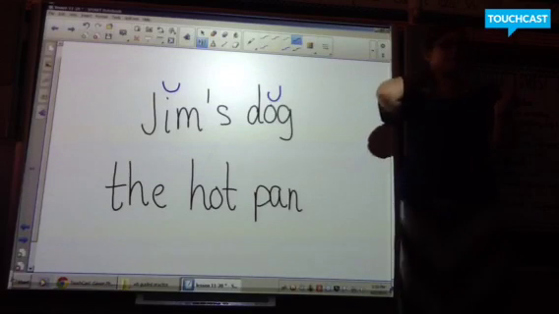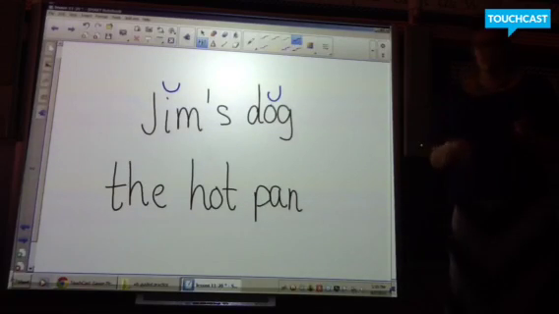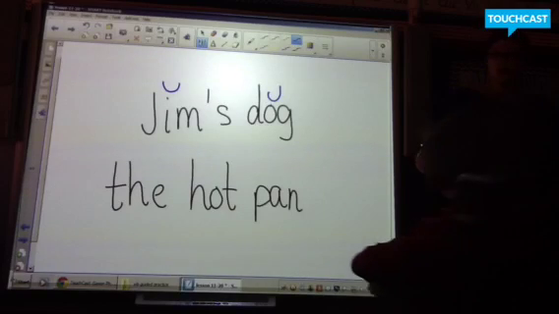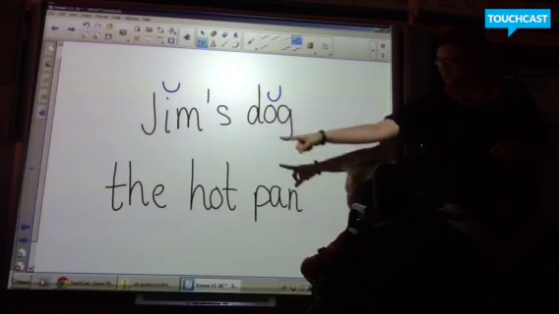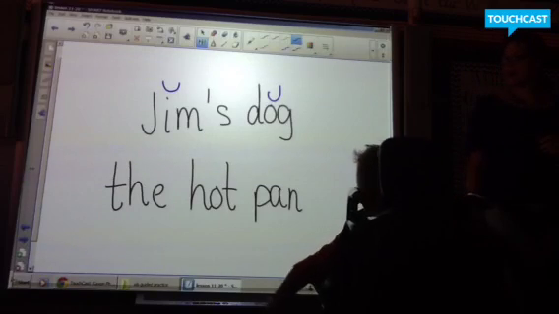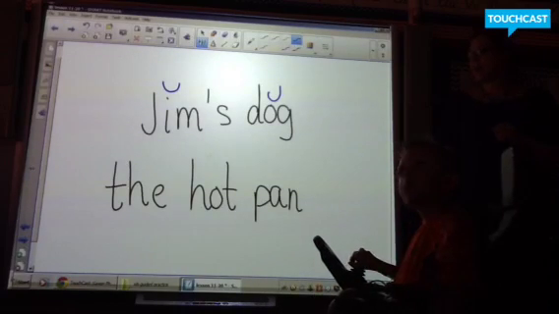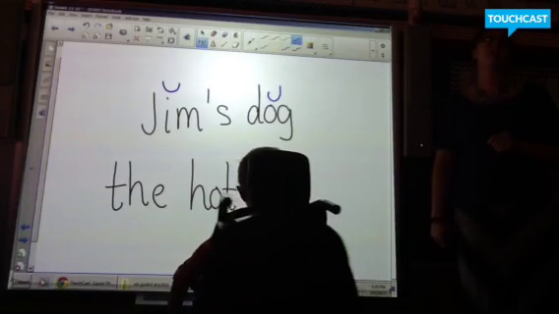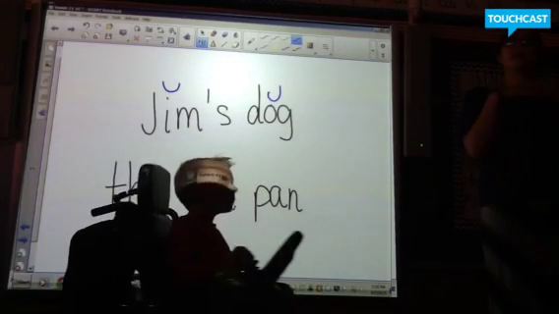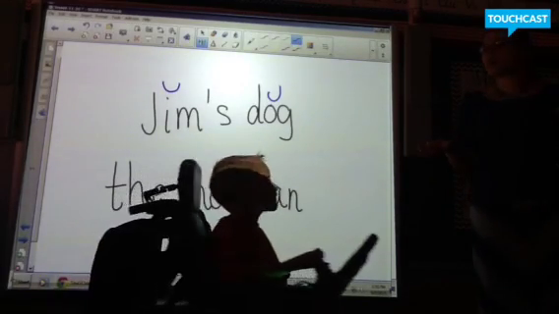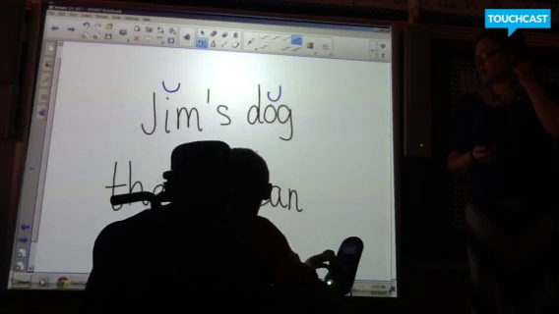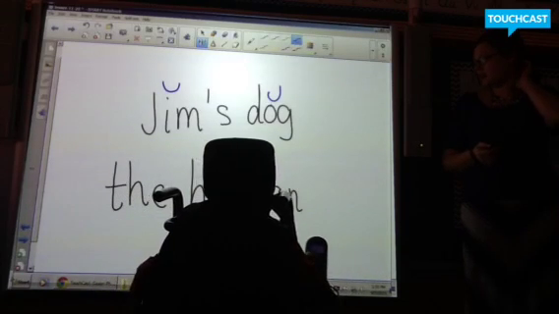Rule, will you help me? What's the first word there? The. So like we talked about the other day, we could code it the way that we know how and make it the, but most of the time we don't say it that way. So we want to learn how to code it the.